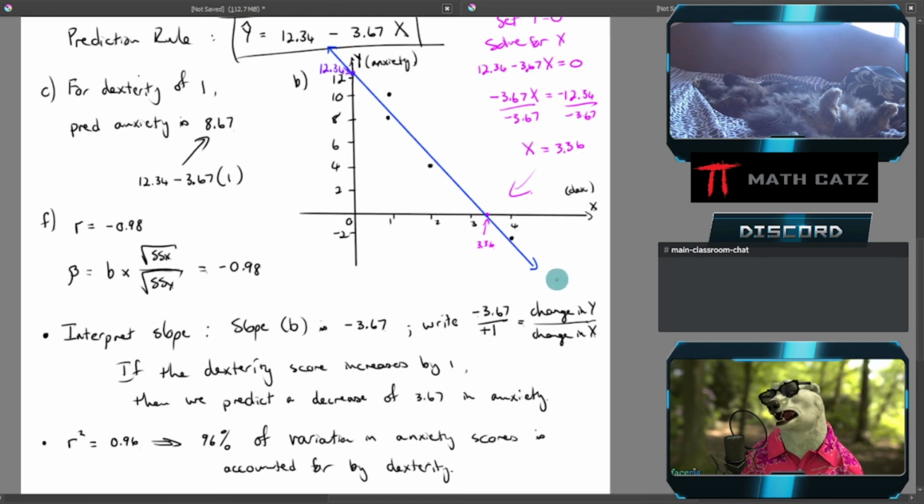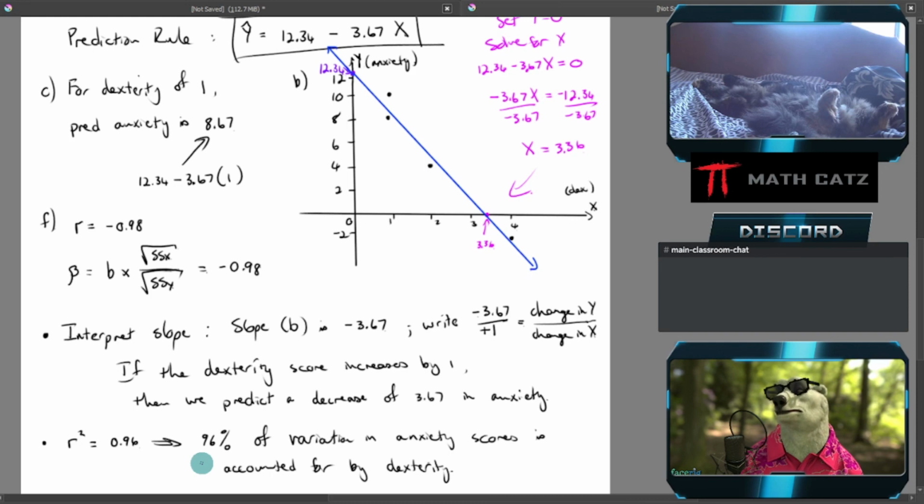But dexterity is a very big predictor of this anxiety score. It's a major player. It's not about causation. It's about making a prediction: with a high R-squared, with a high squared correlation coefficient, a large portion of the changing Y variable comes from that X variable that I'm considering.